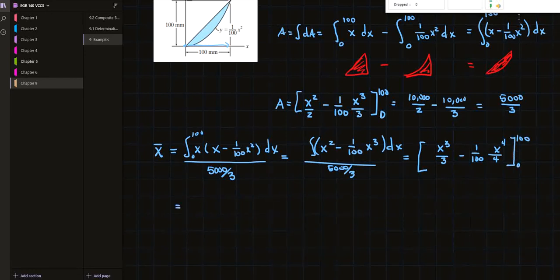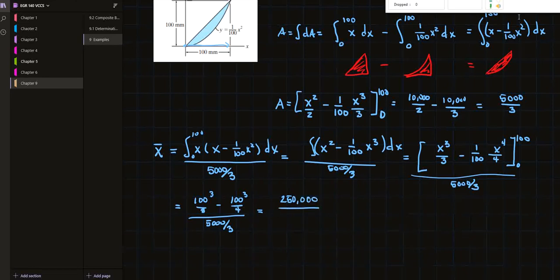And then this is going to end up being 100 cubed over 3 minus 100 cubed over 4 divided by, oops, we forgot to put this here, 5,000 over 3. And this is like 250 thousands. It's just dealing with zeros here. Over 3, divided by 5,000 over 3.